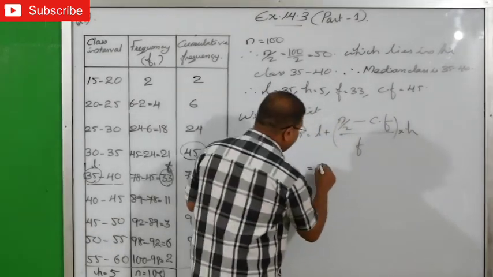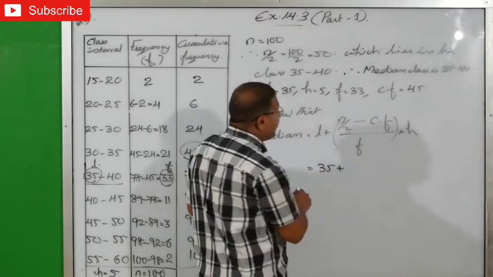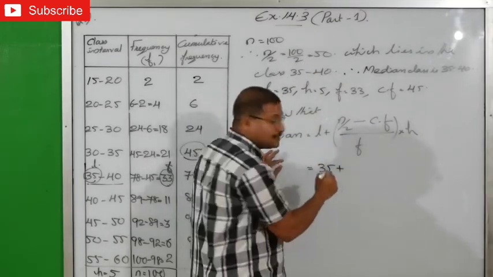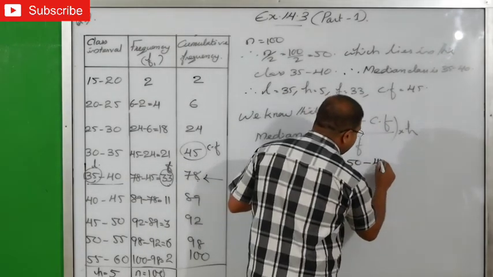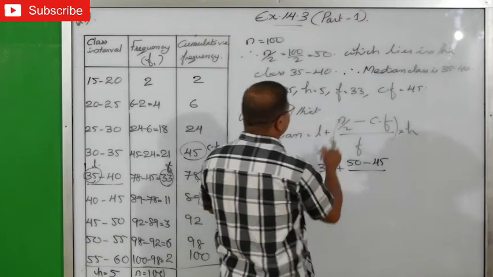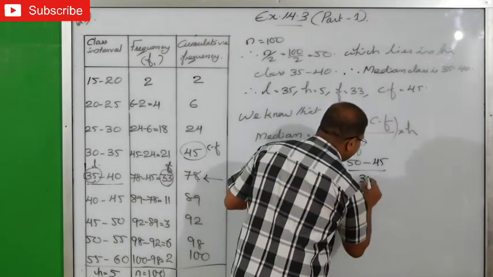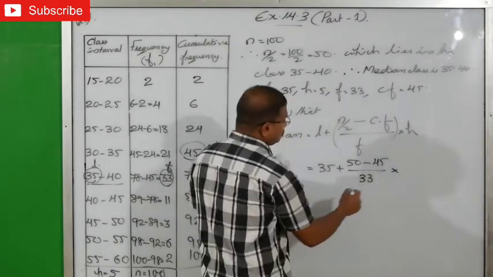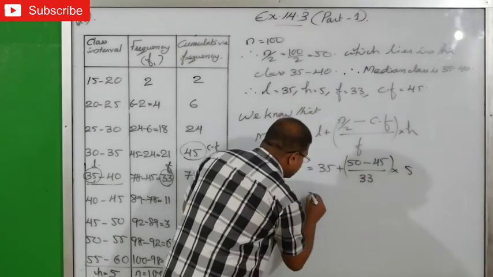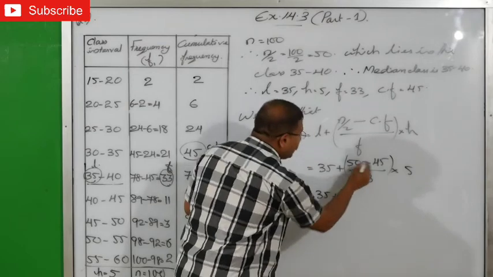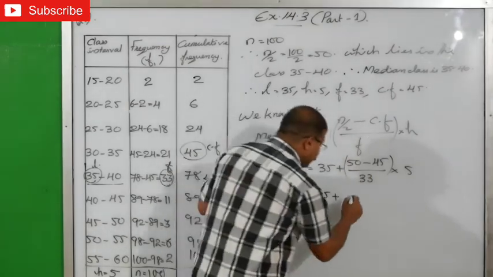Yes, 35 plus n by 2, we got 50, isn't it? So 50 minus CF, 45, divided by f, 33, into the value of h, 5.